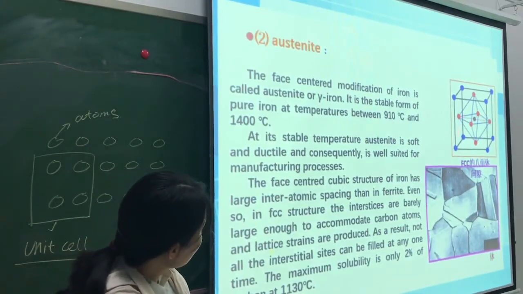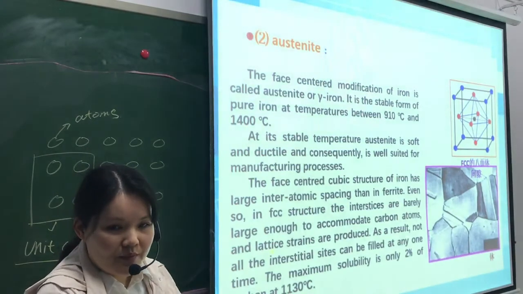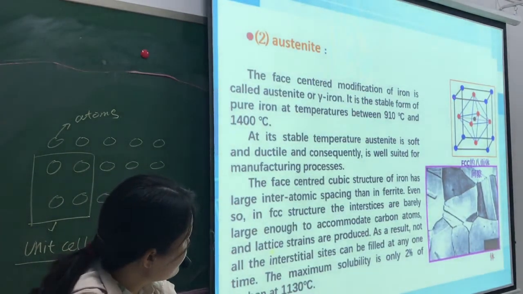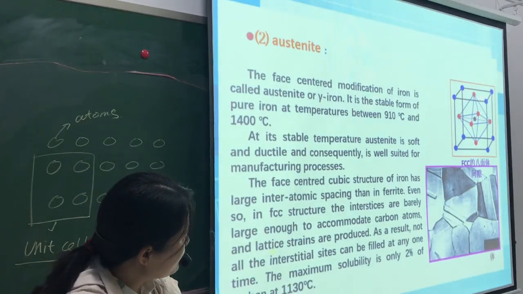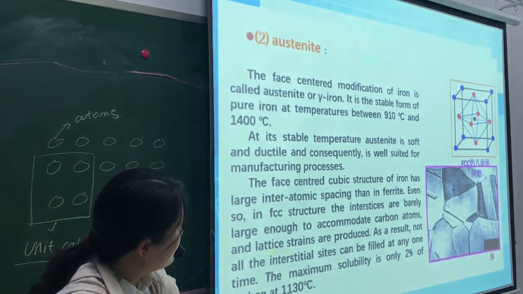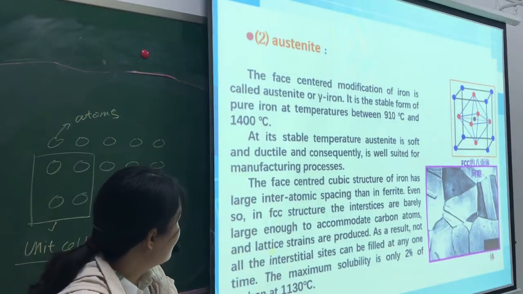This is the structure of austenite. The atoms occupy the corners of the unit cell and the face center of the cell. It's different from ferrite.